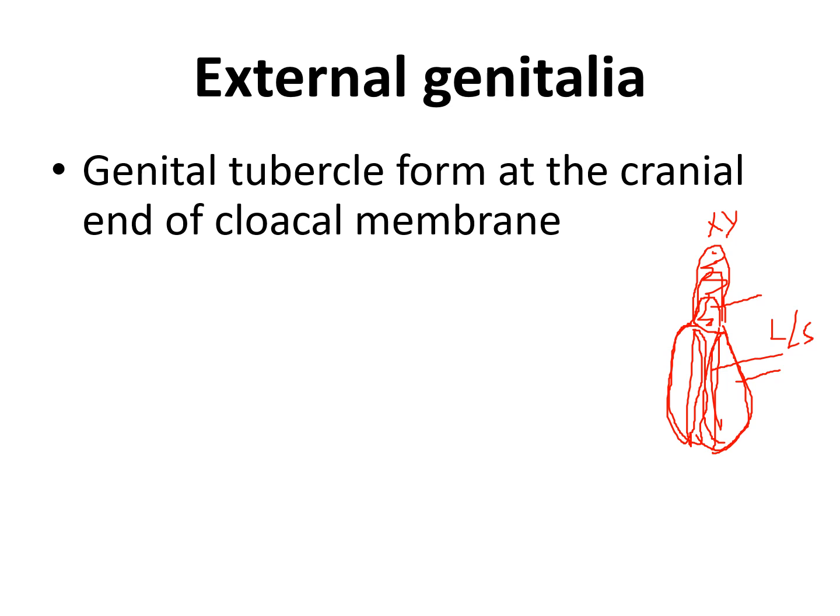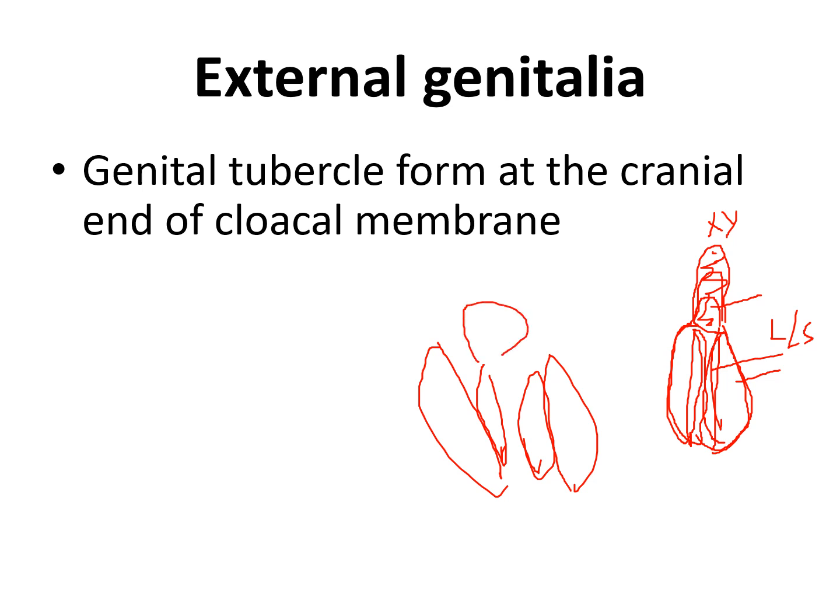On the other hand, if the baby is XX, we have the labioscrotal fold, we have the genital fold, and we have the genital tubercle. In XX, this genital tubercle will not elongate and it will form the clitoris.